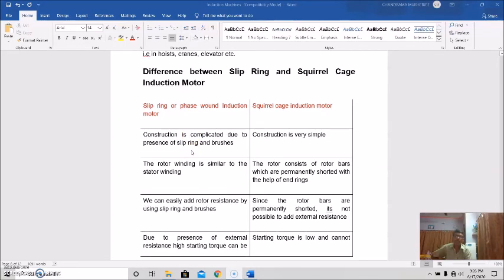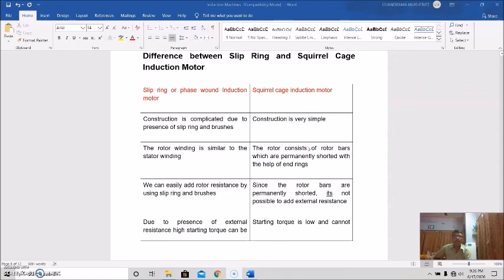Slip ring induction motor construction is complicated due to the presence of slip rings and brushes, whereas squirrel cage induction motor construction is very simple. For a wound rotor or slip ring induction motor, the rotor winding is similar to the stator winding, but in a squirrel cage, the rotor consists of rotor bars, which are permanently shorted with the help of end rings.